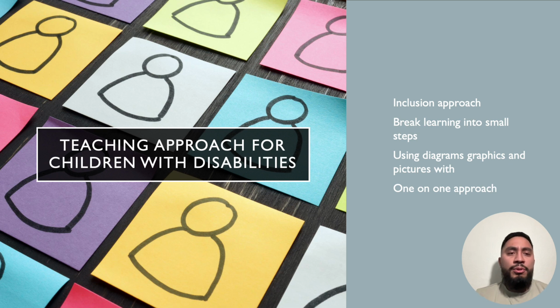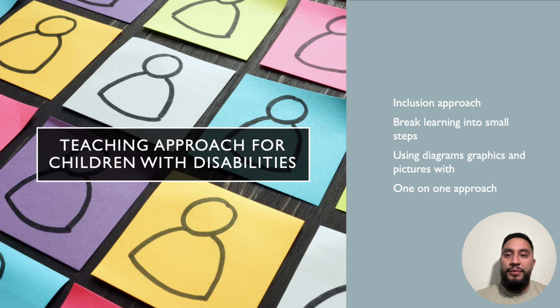So a couple of teaching approaches that we can use with children that have disabilities is an inclusion approach. This means being able to mainstream children with other students and having them involved in group activities or in class lesson plans.